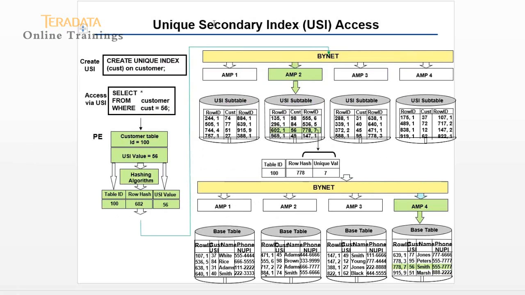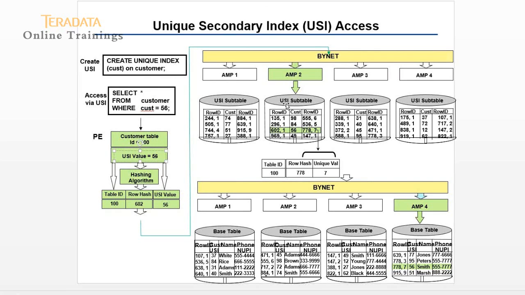For example, if you take unique secondary index, the query is select star from customer where customer is equal to 56. First of all, it will check in the customer table with the unique secondary value 56. So here there will be two tables: one is the subtable and another one is the base table.